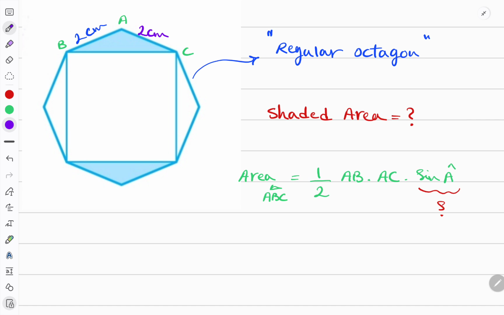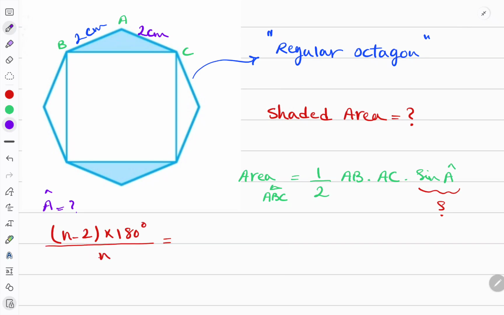So we have to find angle A and after that substitute into this equation. How can we find the angle size of A? In any regular n-gon, we have a formula for finding the size of an angle, and this is it: n minus 2 times 180 degrees over n.